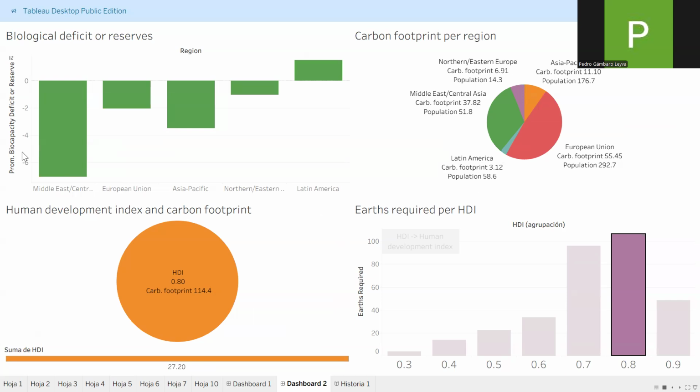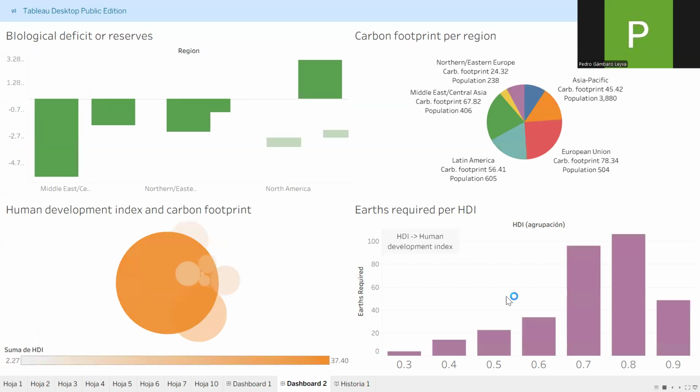Now, continuing, we can see that these regions also have a biological deficit, meaning that yearly they are losing species or losing forests, and this way making their carbon footprint much worse.